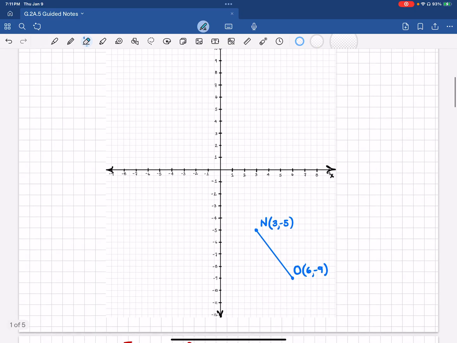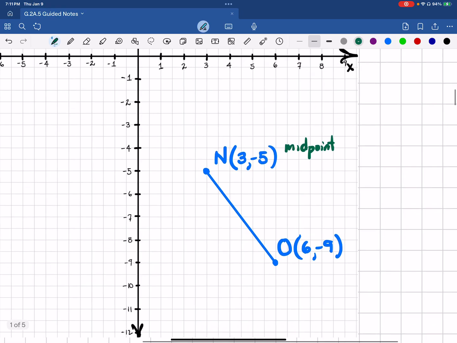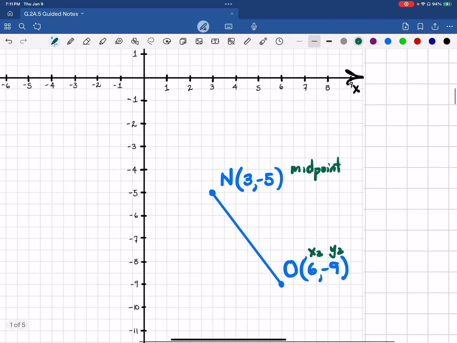So what I did was I just graphed this so that we could get a better idea of what it looks like. And so we know that N is our midpoint, and we know that O is one of our endpoints. And so this could be our x2 and our y2. We could have made it x1, y1, but I just put x2, y2.